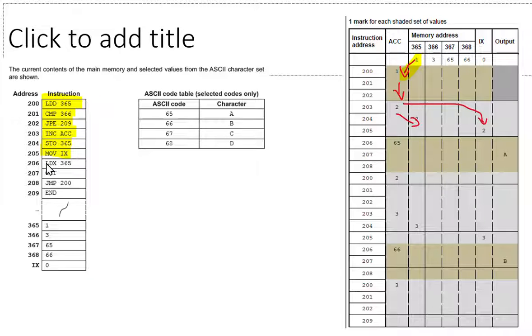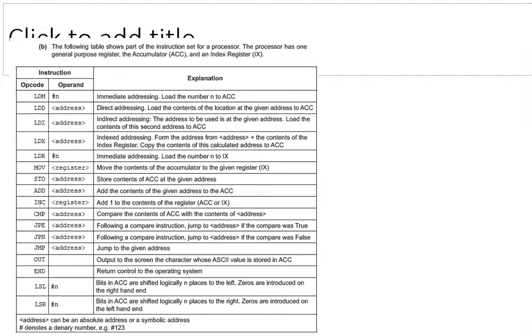Now I'm going to move on to the next instruction, LDX 365. LDX, if we look over here, is index addressing. From the address, I add the contents of the index register and I copy the contents of the calculated address to the accumulator.